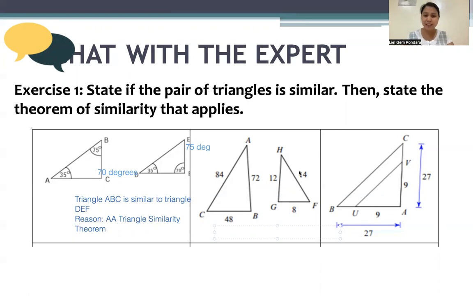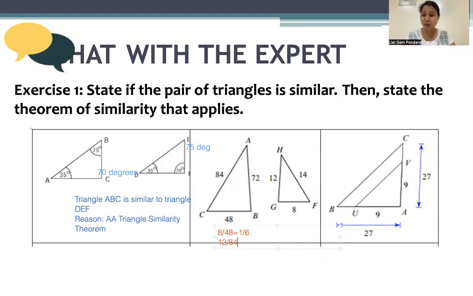The shortest side of the one, divide it by the shortest of the other. So it's 8 over 48. We see the scale factor. We divide both by 8. So we have 1 over 6. That's the scale factor. But then we check. How about the second side? 12 over 84.